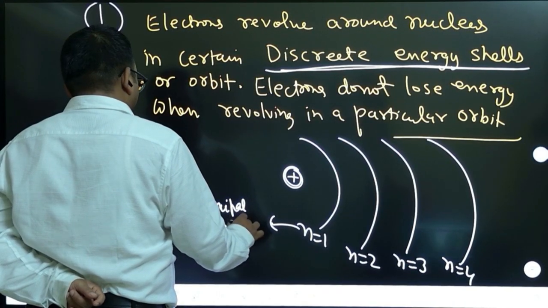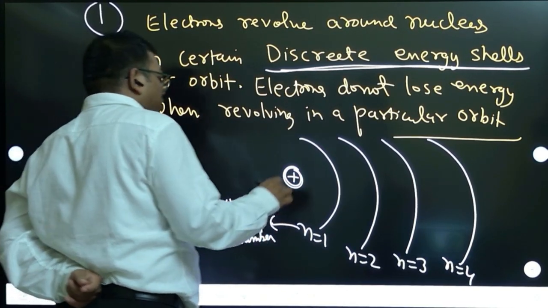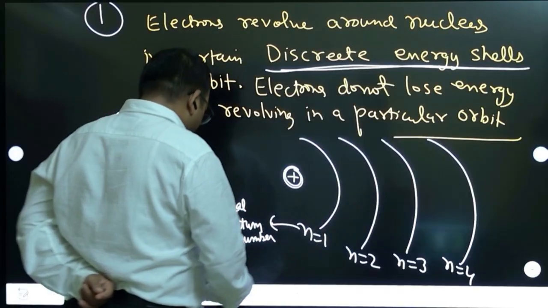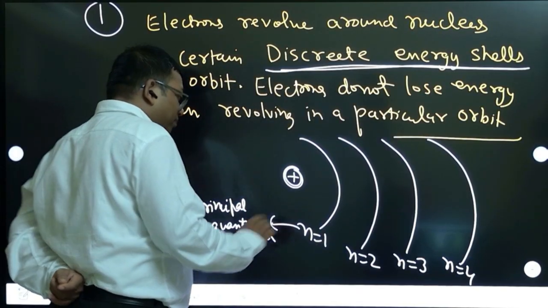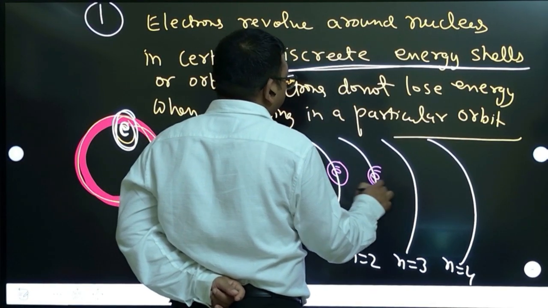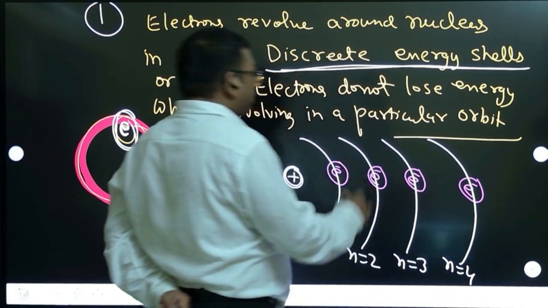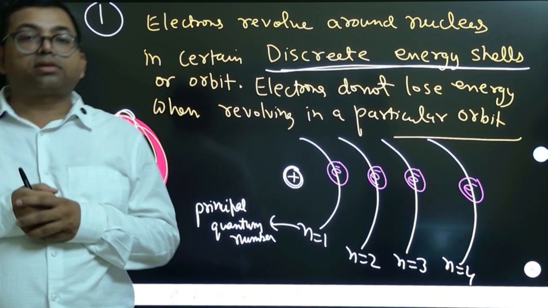Electrons can only revolve in these orbits and cannot be present anywhere else. So the electron can be present in the first, second, third or fourth orbit. These are certain fixed energy cells.